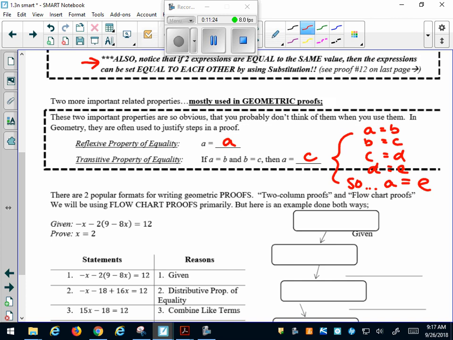There can be a longer string of transitioning. If I'm the same height as my sister, and my sister's the same height as my mother, and my mother's the same height as my cousin, and my cousin's the same height as my aunt, and my aunt's the same height as my grandmother, well, then I must be the same height as my grandmother, right? It's just basically you're saying everything's equal, okay?